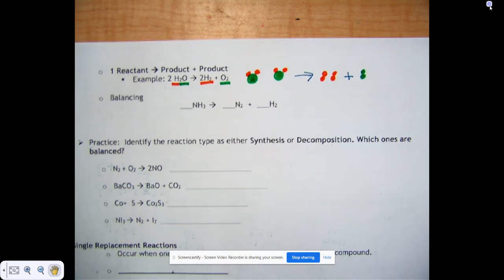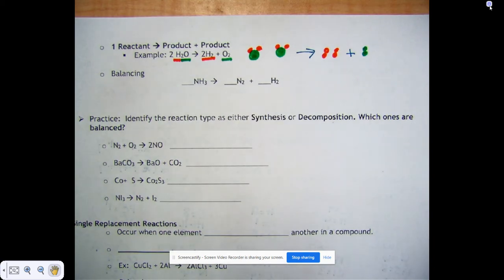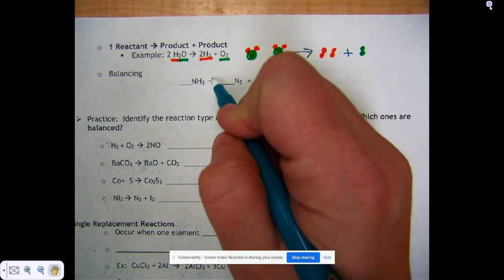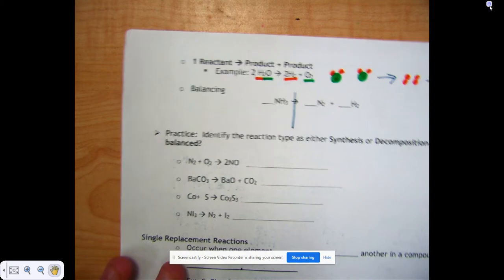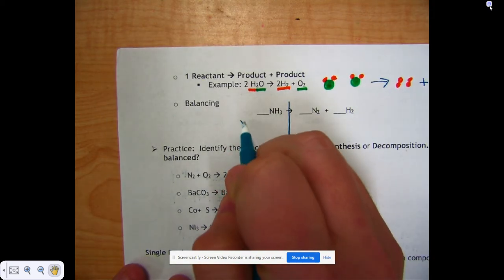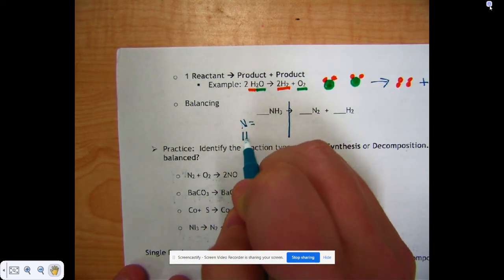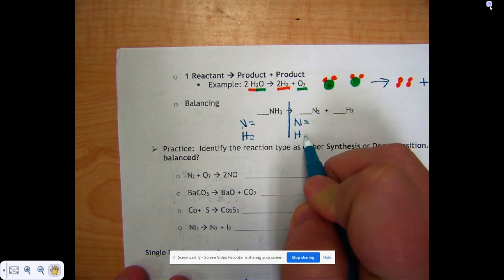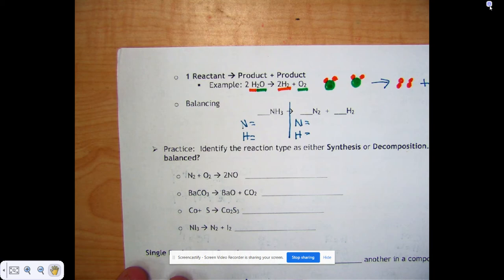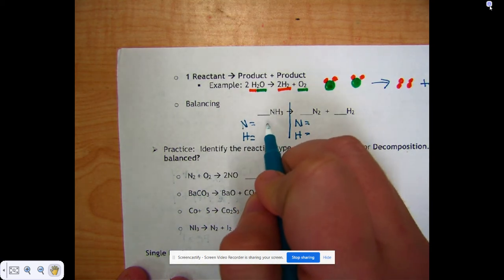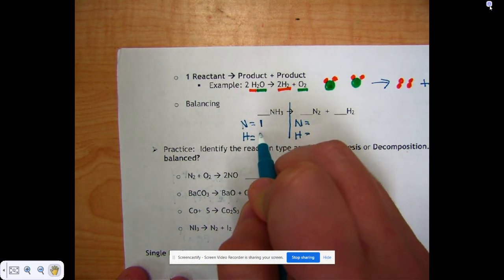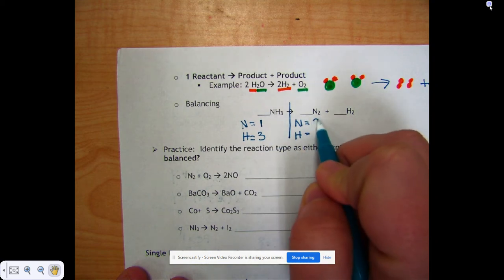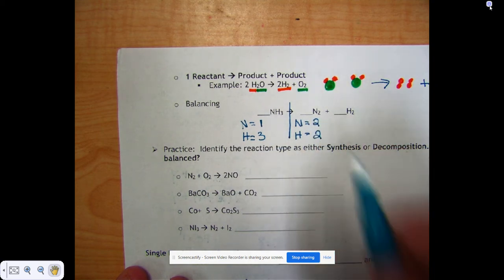Okay, let's balance this next equation. And so remember, I would draw my river first. I'm going to list all of my elements in the same order on both sides. I'm going to count my molecules, count my atoms. 1 nitrogen, 3 hydrogen, 2 nitrogen, 2 hydrogen.